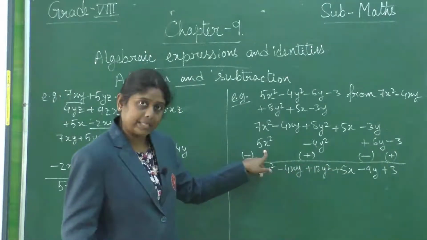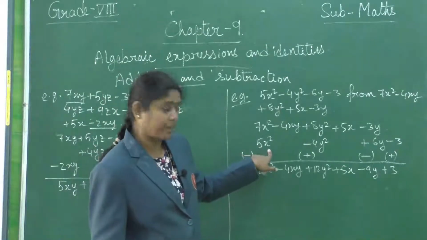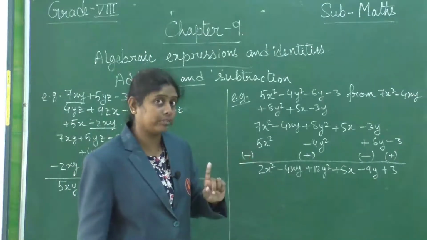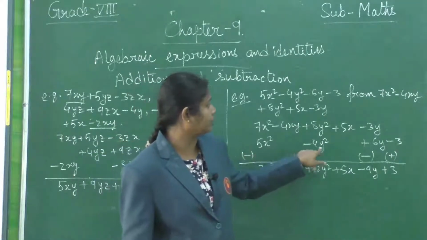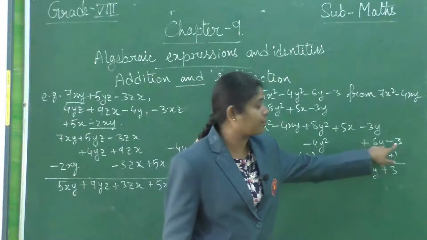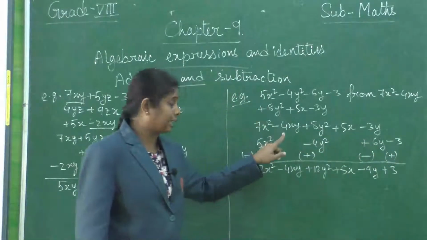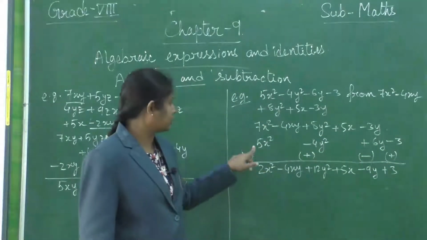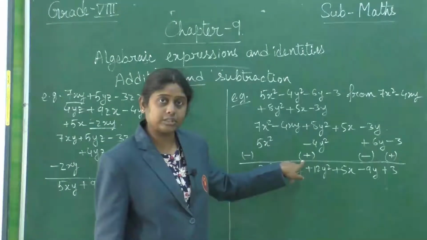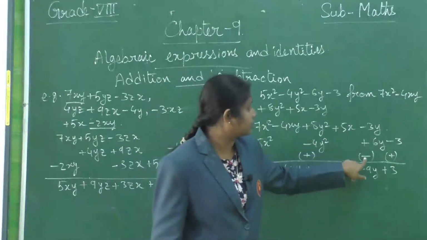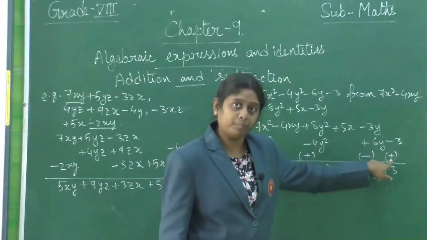So our last algebraic expression is plus 5x square, nothing is there, means by default we take the plus sign. So plus 5x square minus 4y square plus 6y minus 3. We need to change the sign of this expression. So plus becomes minus, minus changes to plus, plus to minus, minus to plus.